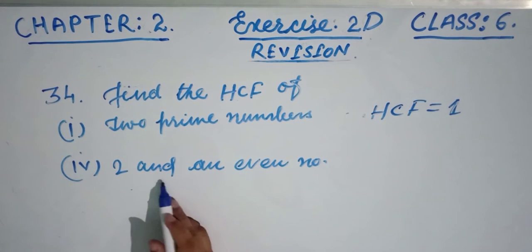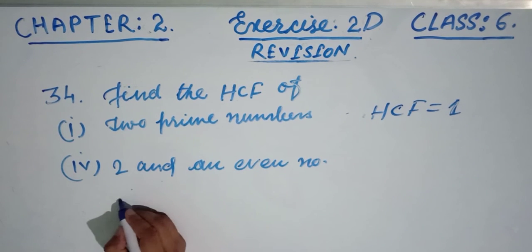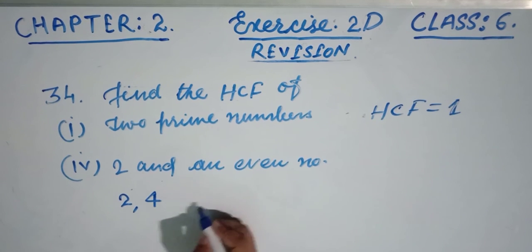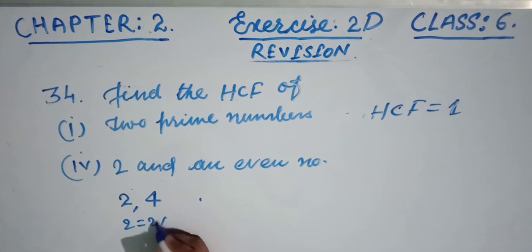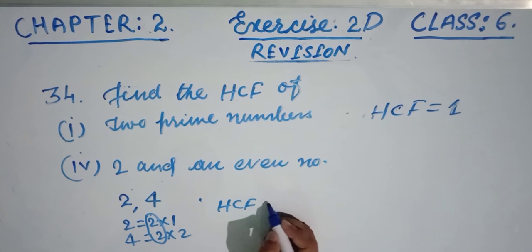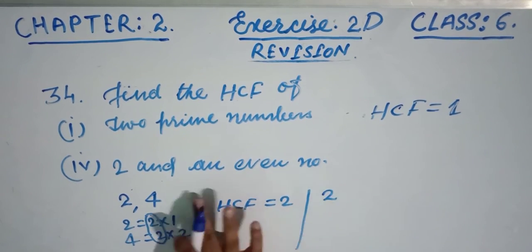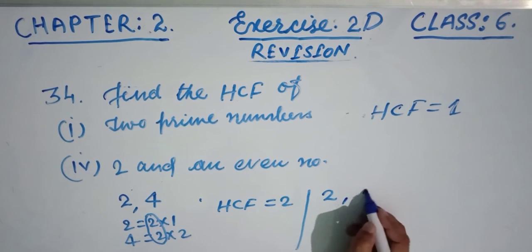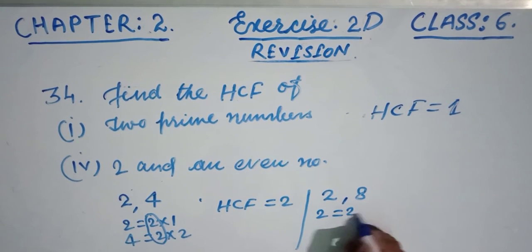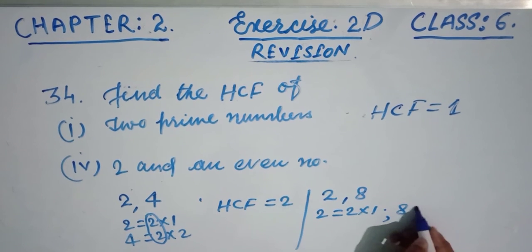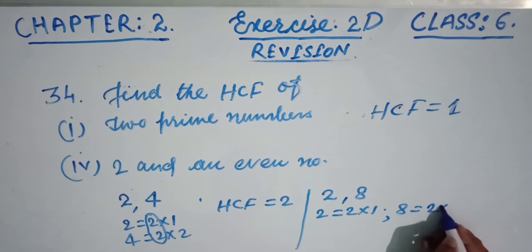Now 2 and an even number. Find the HCF of 2 and, suppose, 4. 2 can be written as 2 multiplied by 1, and 4 can be written as 2 multiplied by 2. So the HCF in this case is 2. Take another example: 2 is as it is, and another even number, suppose 8. 2 is 2 multiplied by 1, and 8 is 2 multiplied by 2 multiplied by 2.